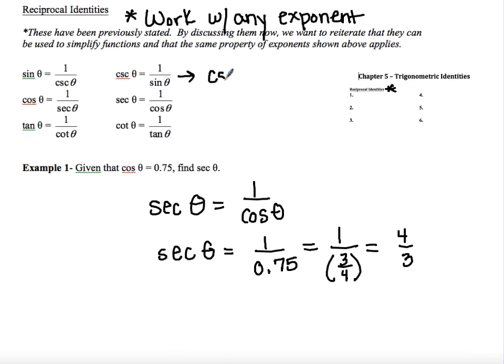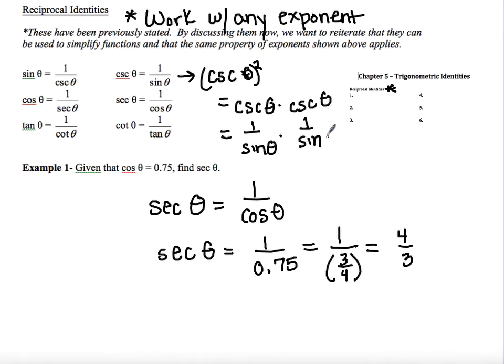If I was going to write the cosecant of theta and square that, that would be the same as the cosecant times the cosecant, which could be written as 1 over the sine times 1 over the sine, and lo and behold, what that gives me in the end is 1 over the sine squared.